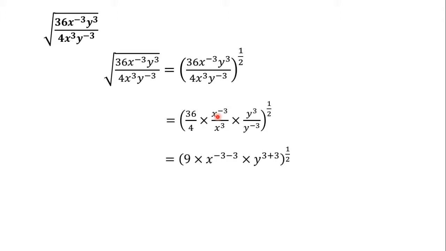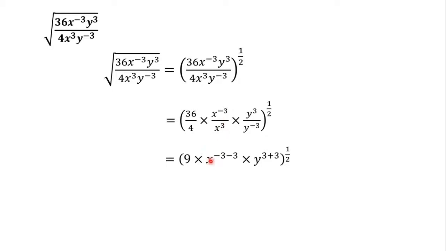We learned from the laws of indices that if you have two numbers or two terms written in the index form and these two numbers are dividing, you write one of the bases and you subtract the exponents. So we are going to subtract the exponent of the denominator from the exponent of the numerator.